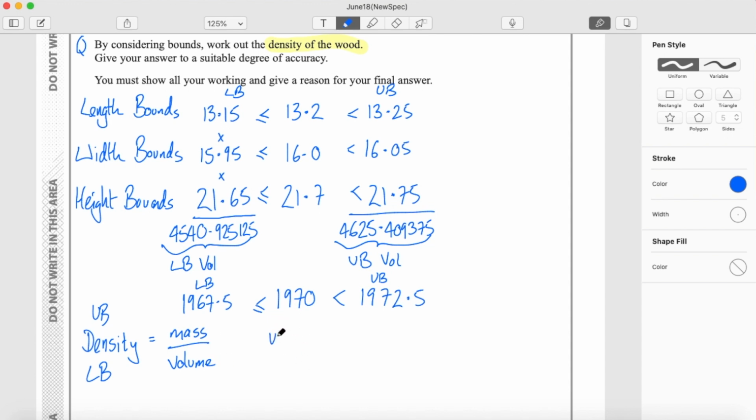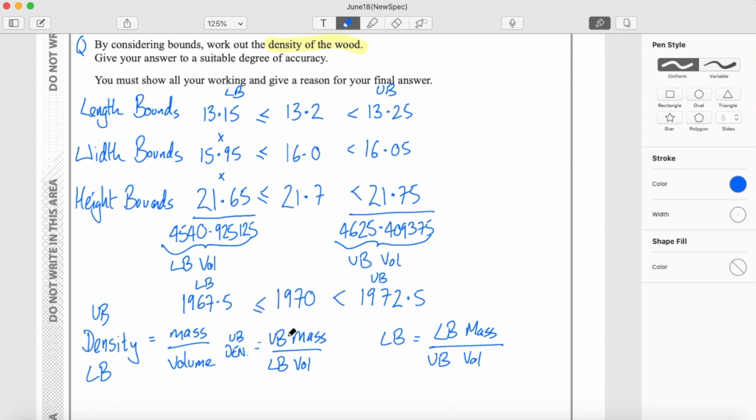That would be upper bound mass divided by the lower bound volume. For our lower bound density, we want the smallest number possible, which would be given by the lower bound mass, the smaller number that we can possibly have on the top, divided by the biggest number we can possibly have on the bottom. So let's work those out now.